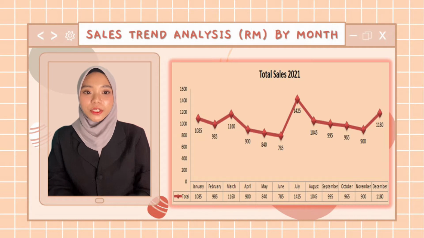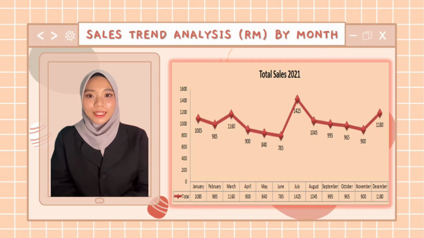From the graph, it shows that the highest sales for the year 2021 is in July, totaling RM1,425, and the lowest sales is in June, which is RM785. Then the sales of shoes for our company in 2021, starting in January, February and March, the number of sales goes down and up.